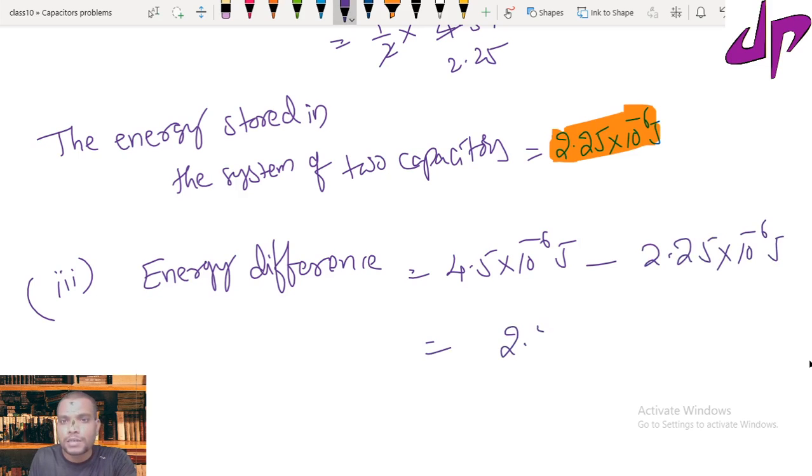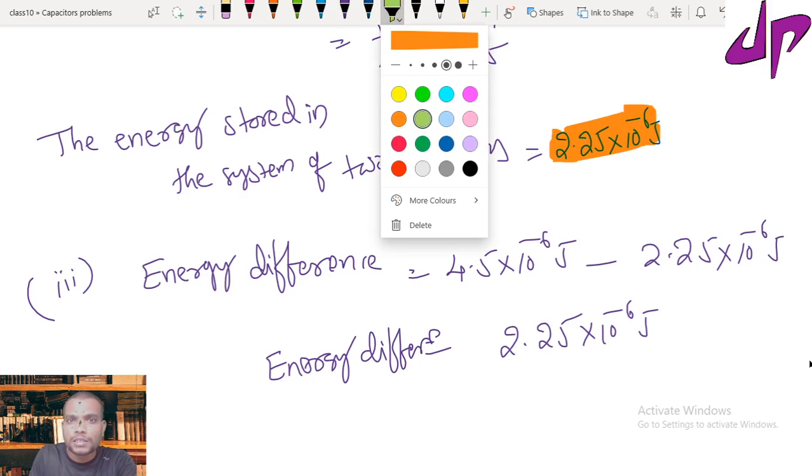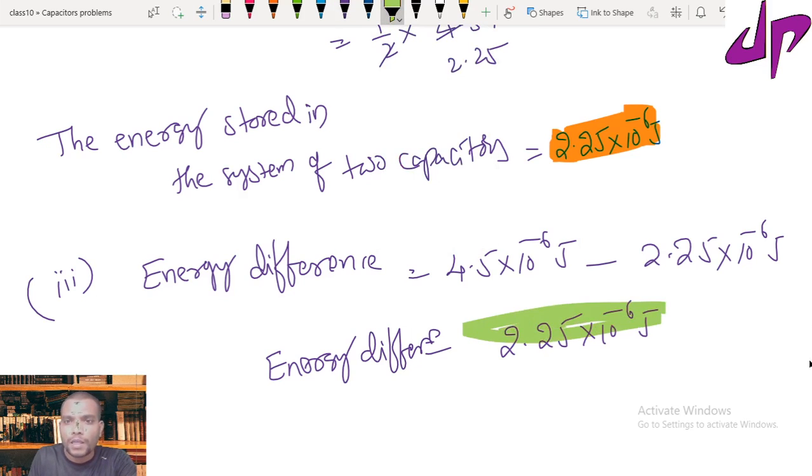So the difference in energy equals 2.25 times 10 power minus 6 joules. So this is the energy difference. And the question is, where has this much energy gone?